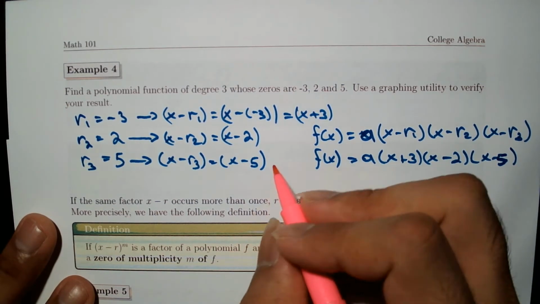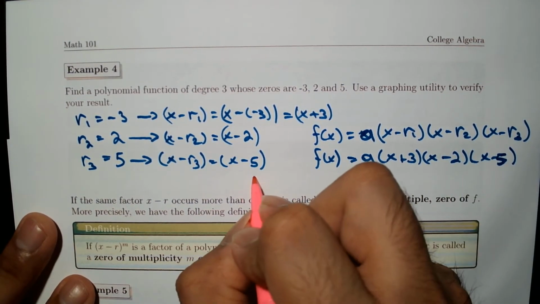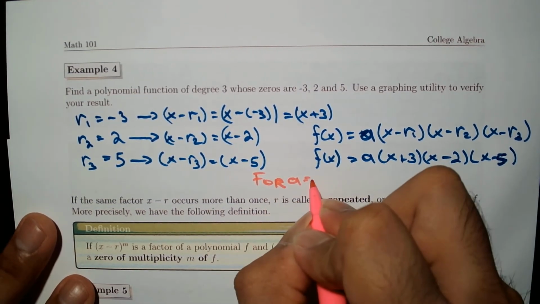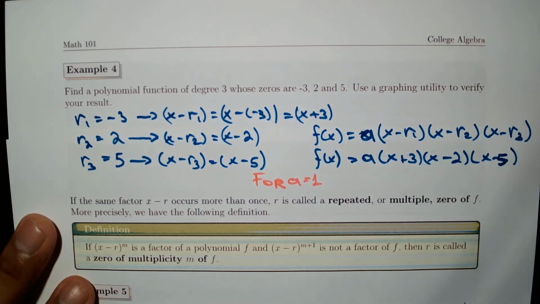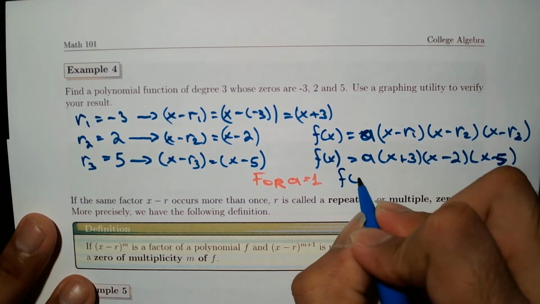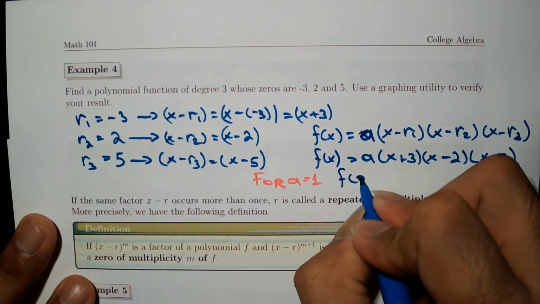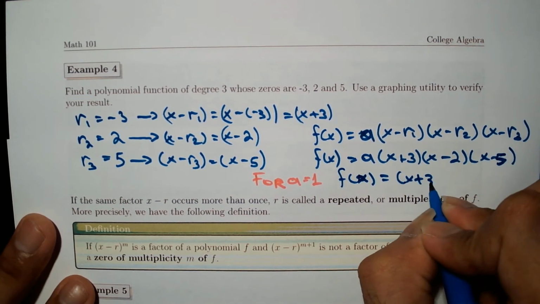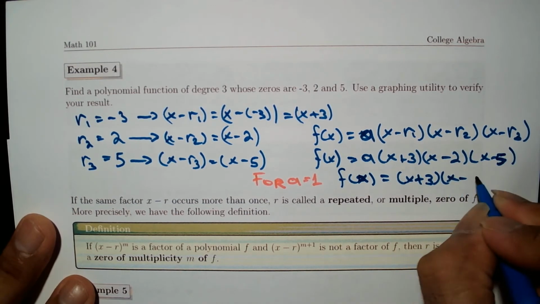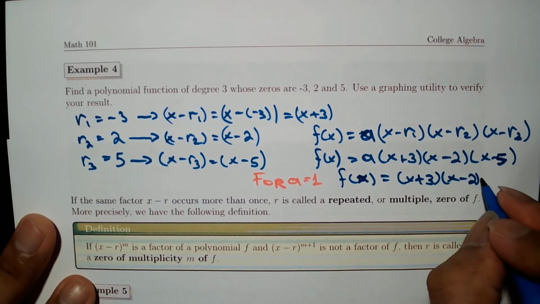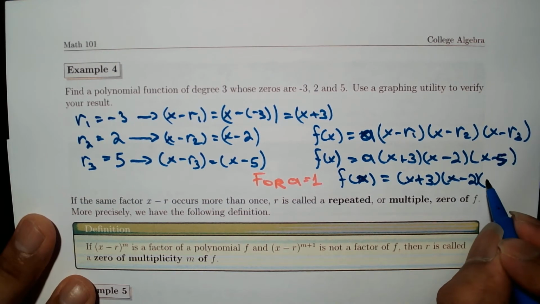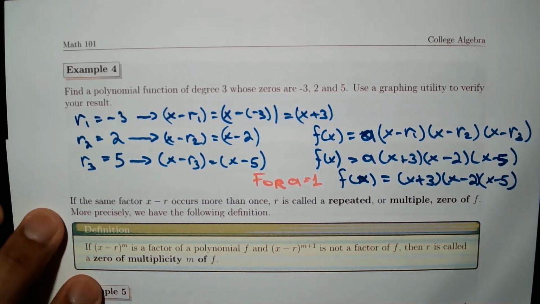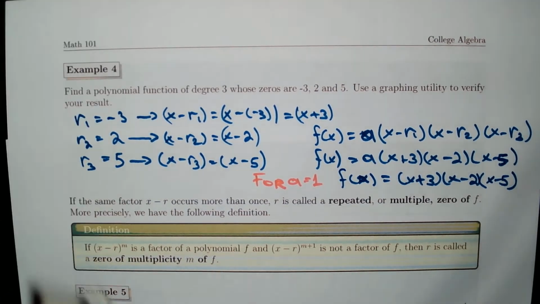So let's look at the easiest case. For a equals 1, we don't need to write anything out. So f of x will be 1 times x plus 3, x minus 2, and x minus 5. So I'm going to go to the graphing calculator to show you how this is going to look.